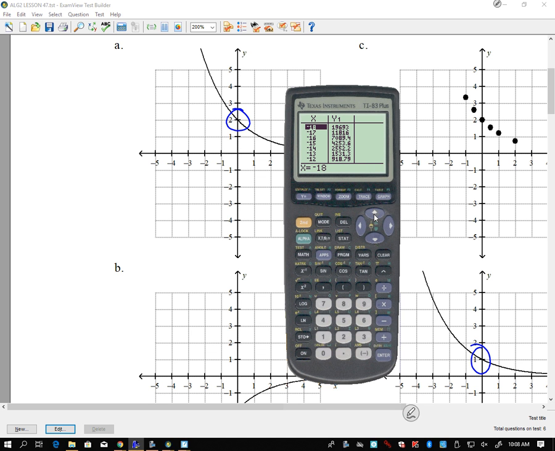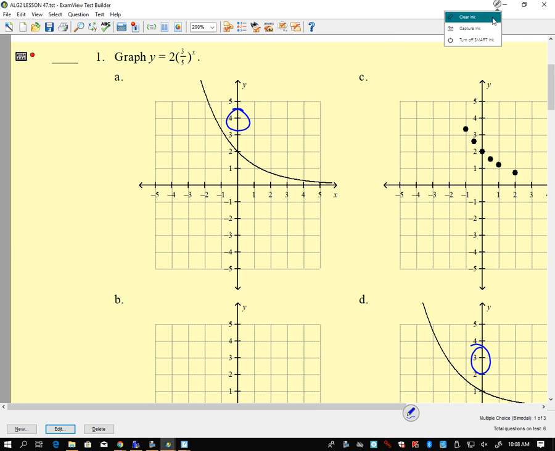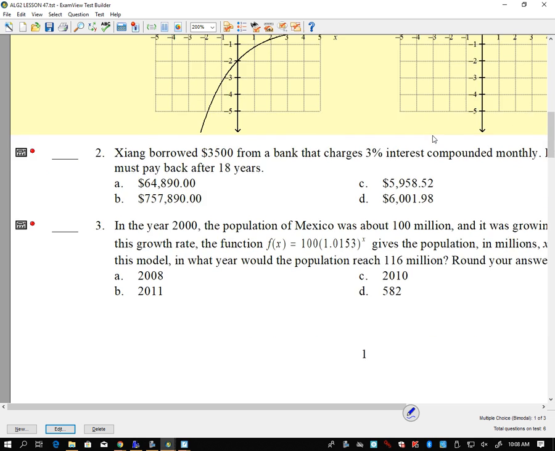I want to see where x equals 0, because x equals 0 is the same thing as my y-axis. So where does it cross the y-axis? 2. So which graph is correct? A is correct. Do we see how to use our graphing calculator to help us determine some of these things? And don't make quick assumptions based upon appearances.